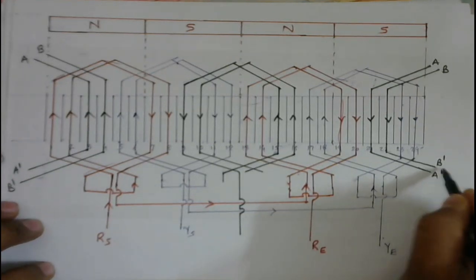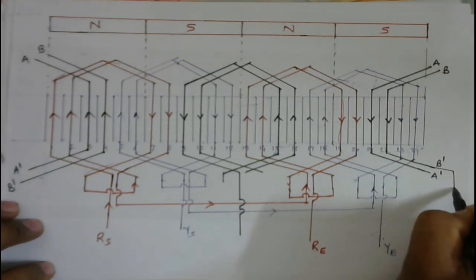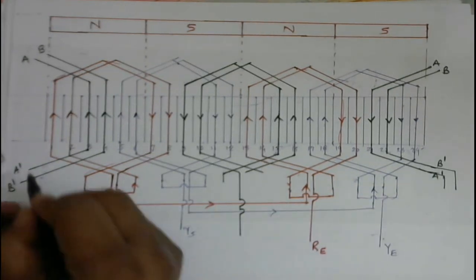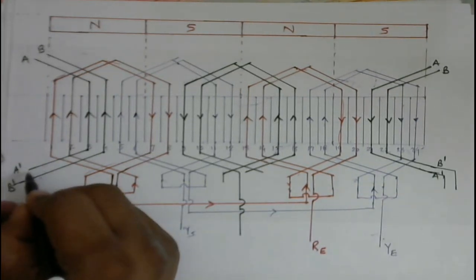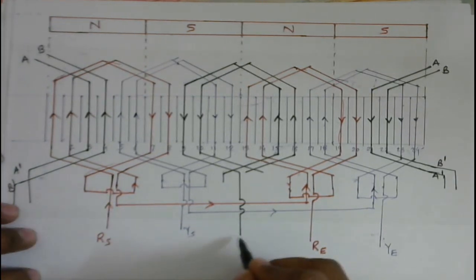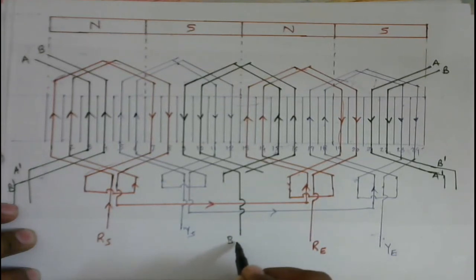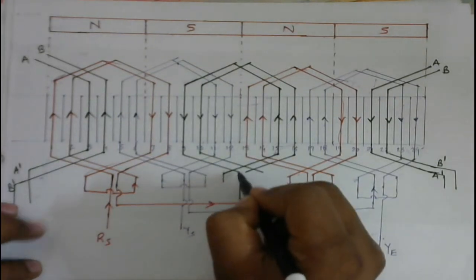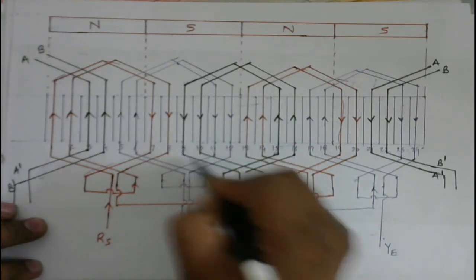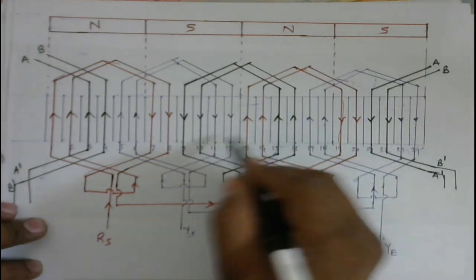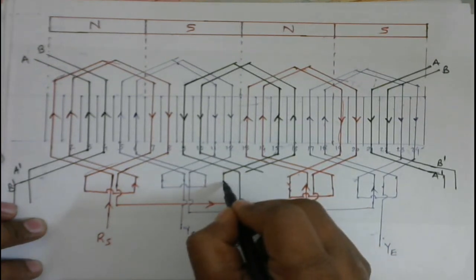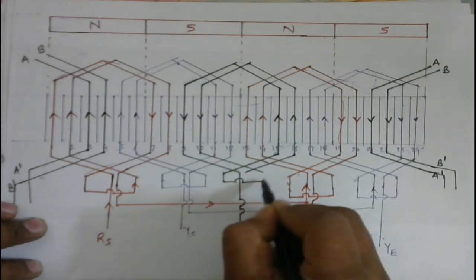Let us say, okay, so this is the start terminal of B phase. The current will flow, as the current in B phase winding is in reverse direction. So this terminal should be connected to this one.